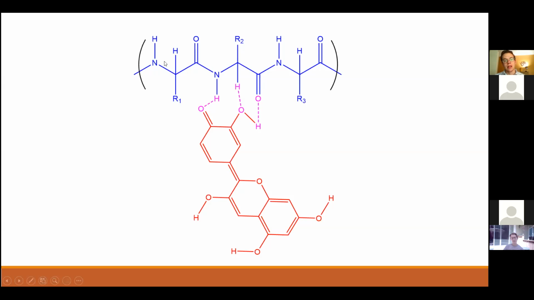Because there are other groups on this chain that can interact with other groups on the dye molecule, they can form more hydrogen bonds. Even though these hydrogen bonds are weak, when there are more of them holding this dye molecule, it makes the interaction slightly stronger and can hold the dye in place.